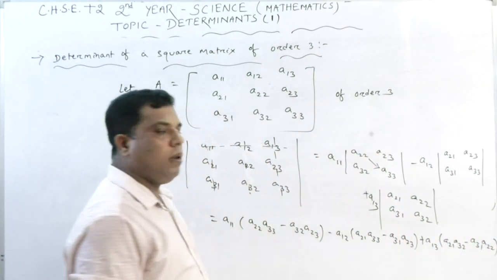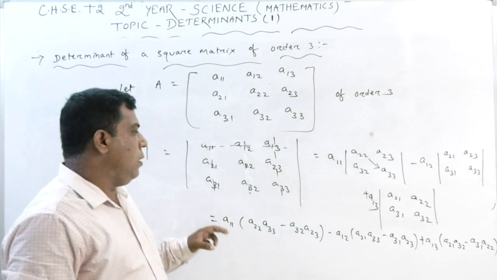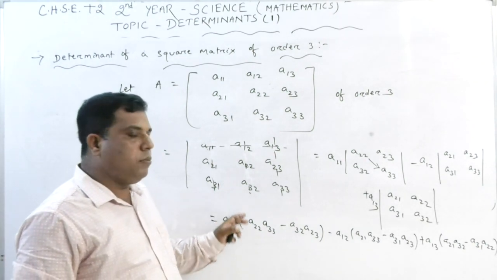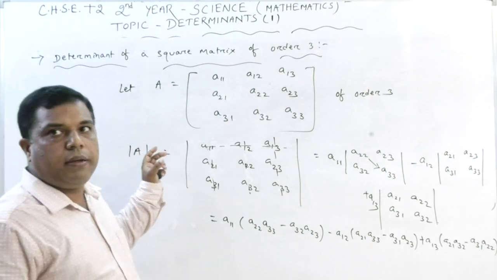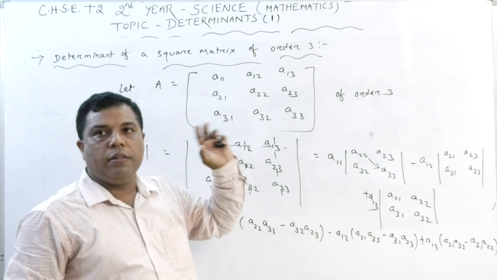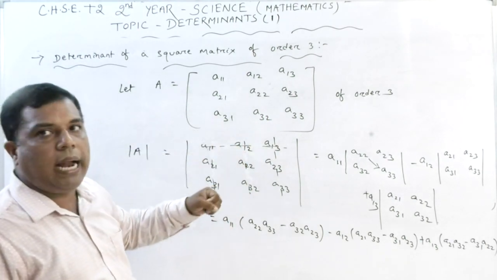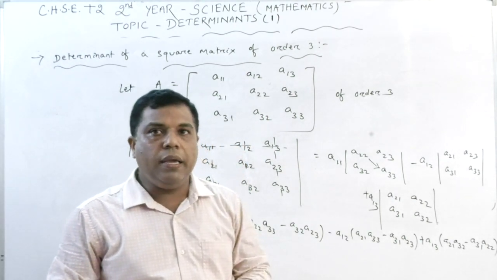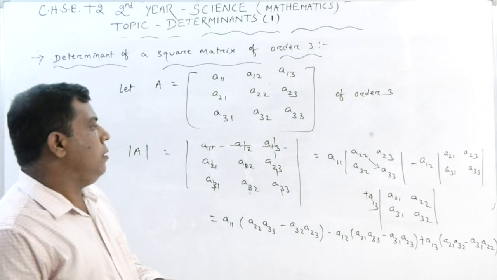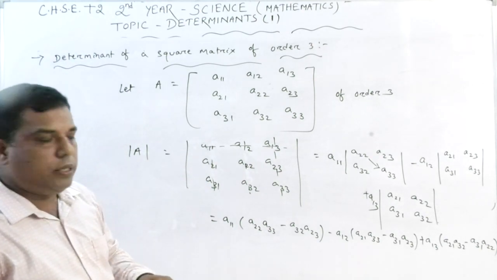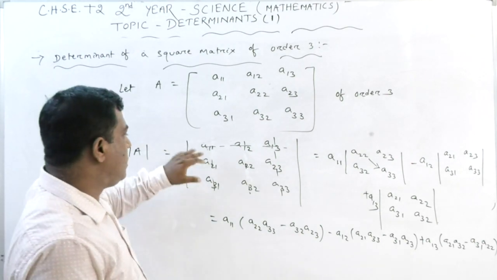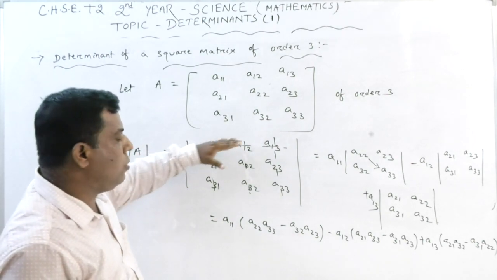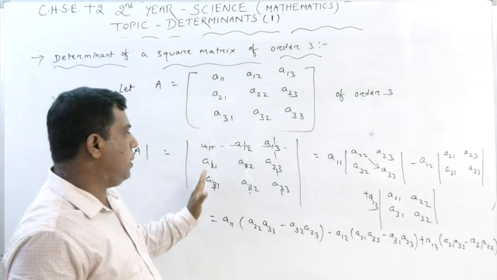In this way, this result is called the determinant of this square matrix of order 3. Or in this way, third order determinants can be evaluated. Again I am going to tell you what we are doing. We are taking the element of the first row, then we leave the row and the column where the element is present.